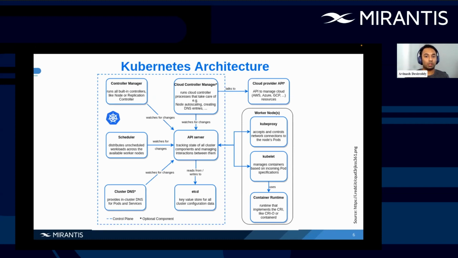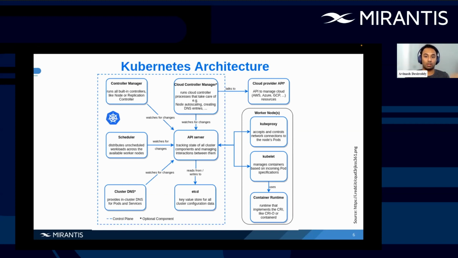Diving deeper into the control plane, it has different components like the API server, scheduler, controller manager, and cloud controller manager for cloud environments, which are the key components that make up the master node, or the control node.